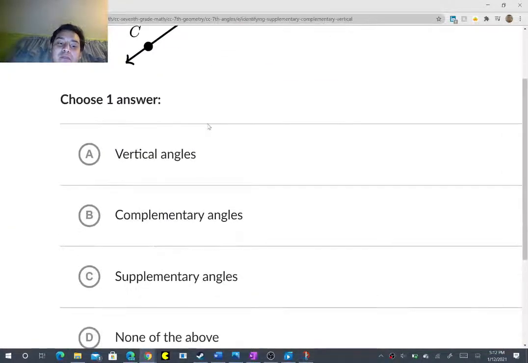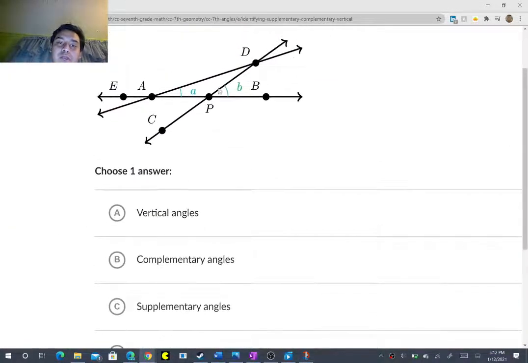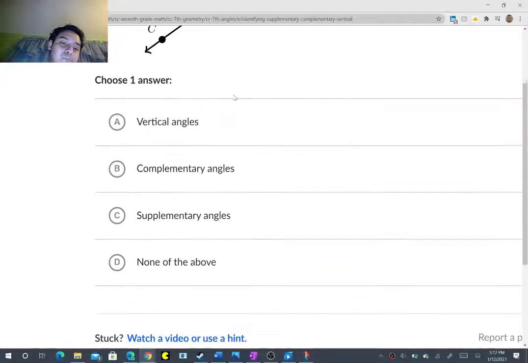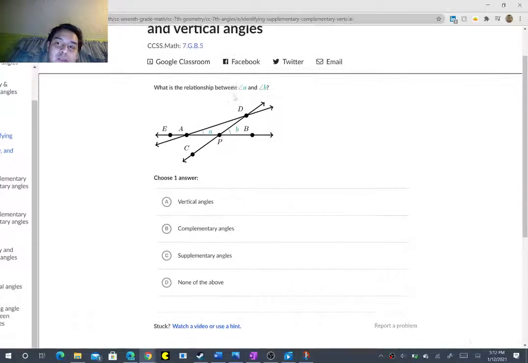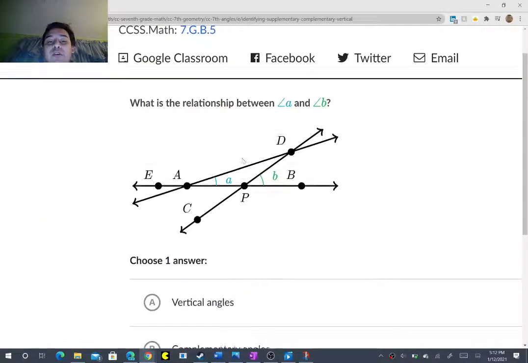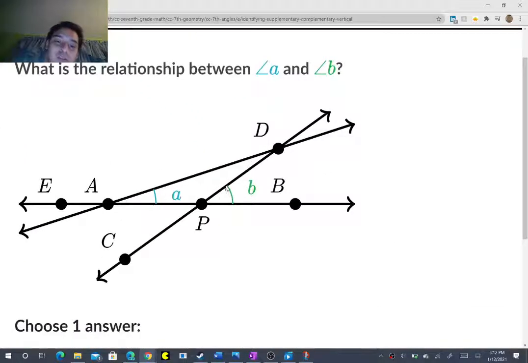Okay, so now we have this part here. This one's actually kind of difficult. I'm not sure how this one would be considered.